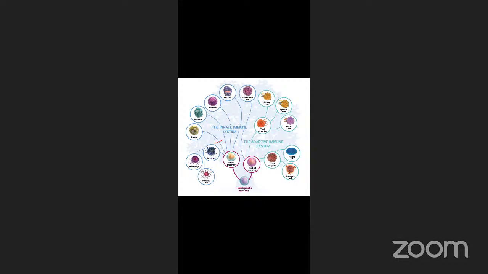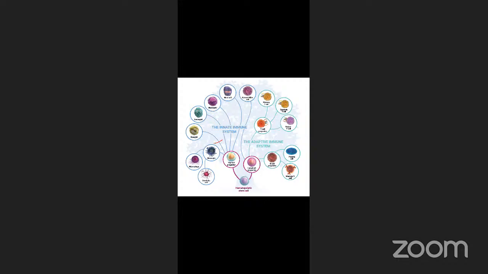based upon the site. Dendritic cells can be called Langerhans cells if they are in the skin. Langerhans cells can also be called interdigitating cells.